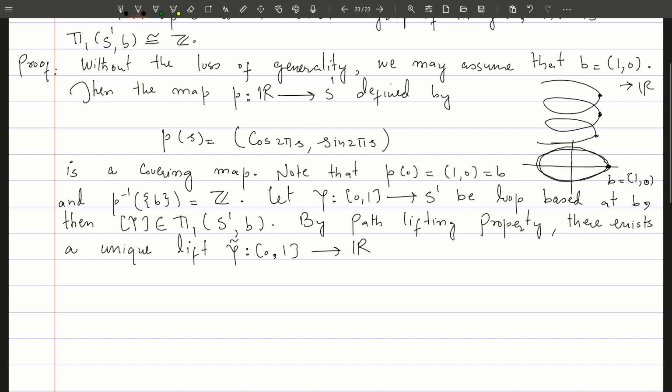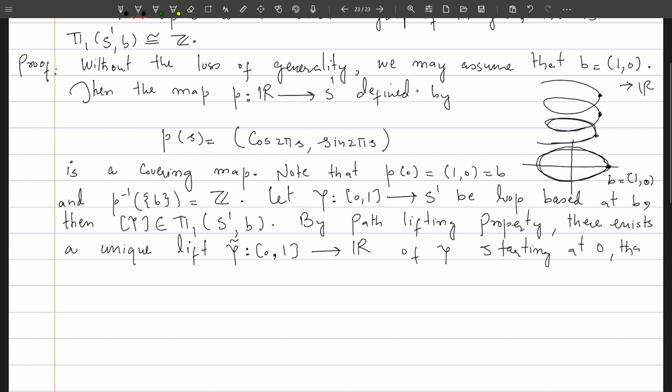Let us denote that lift by this thing over here. So this is the lift of gamma starting at 0.